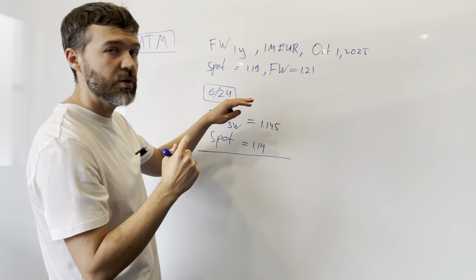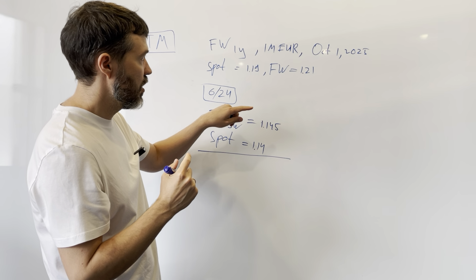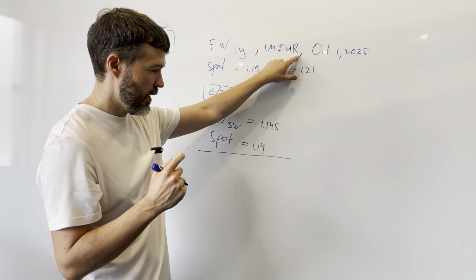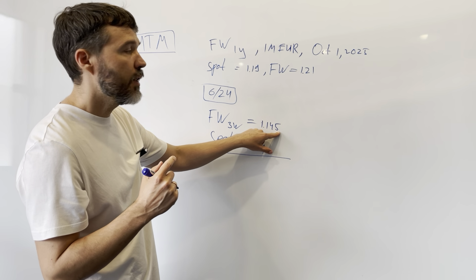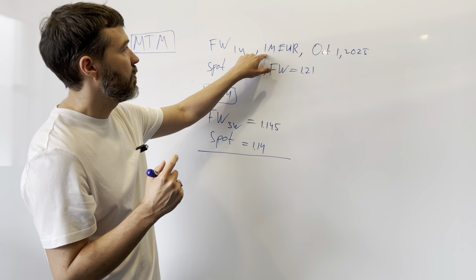On an offsetting contract, you have to deliver €1 million at this forward rate. And on your initial contract, you are receiving €1 million.